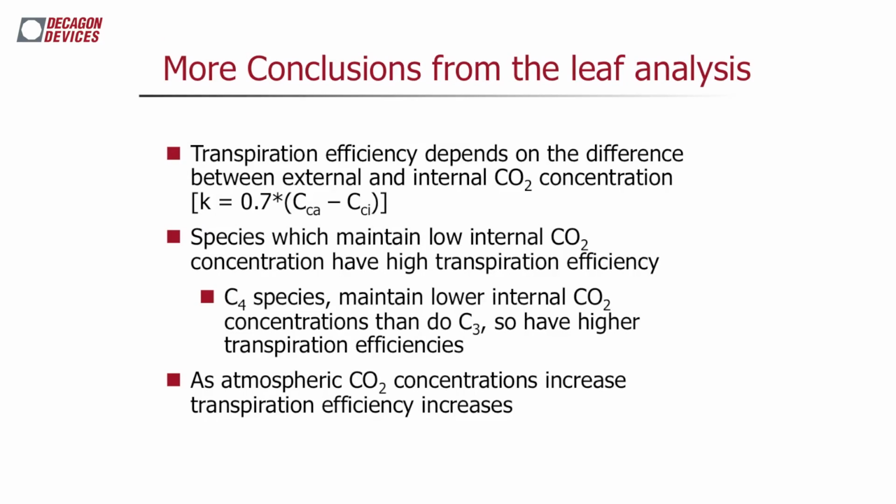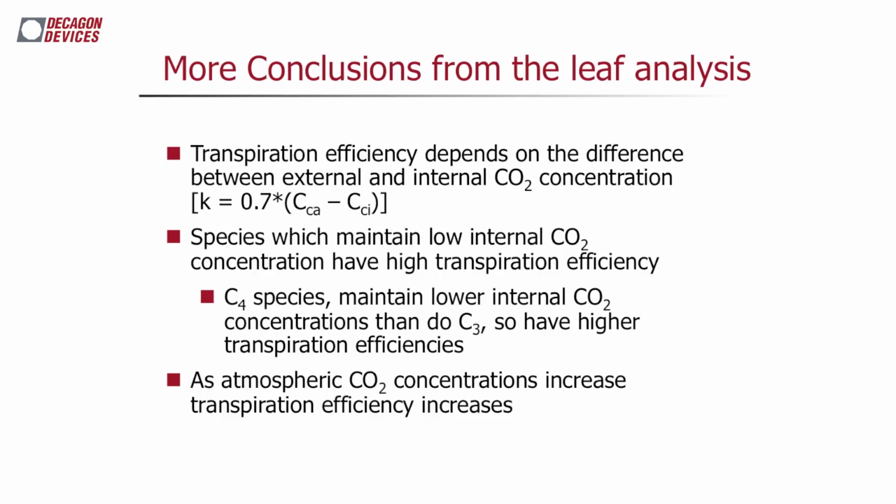Now, what else can we conclude from this? Transpirational efficiency depends on that concentration difference between ambient CO2 and internal CO2. That 0.7 isn't going to change. That ratio of conductances is going to be the same, but that CO2 will be different. And you're immediately jumping to what we talked about earlier and something you already know: species that maintain a low concentration of CO2 inside their leaves have a higher transpirational efficiency.